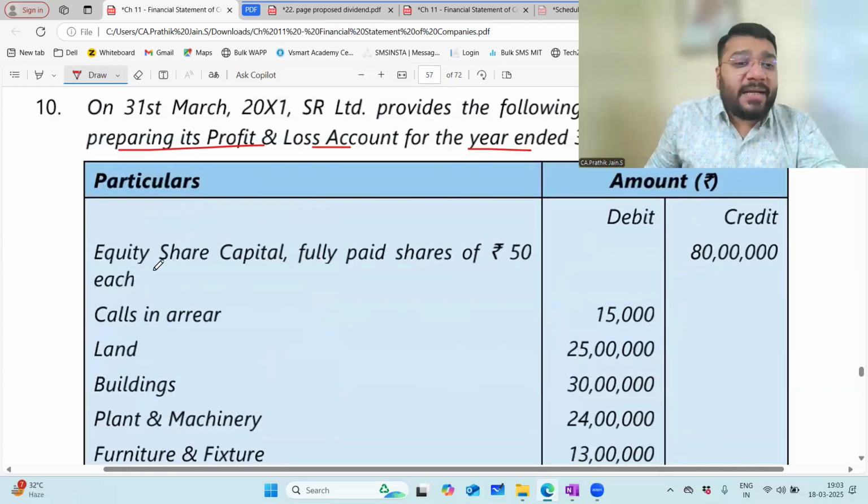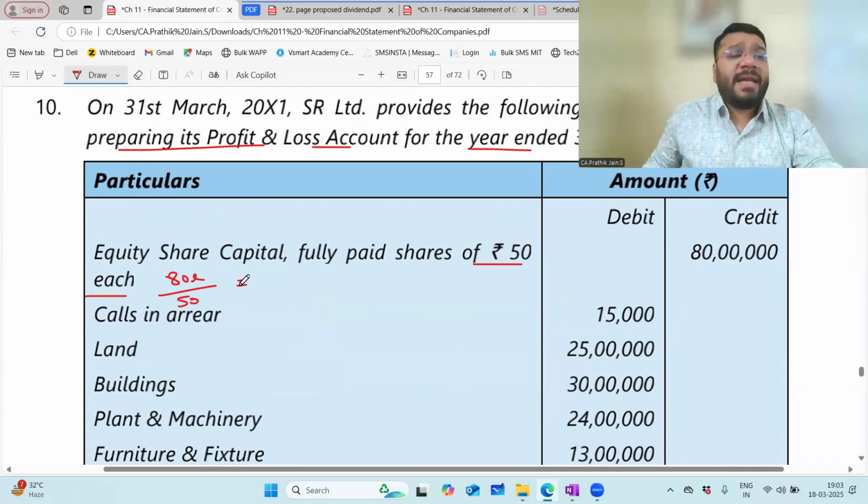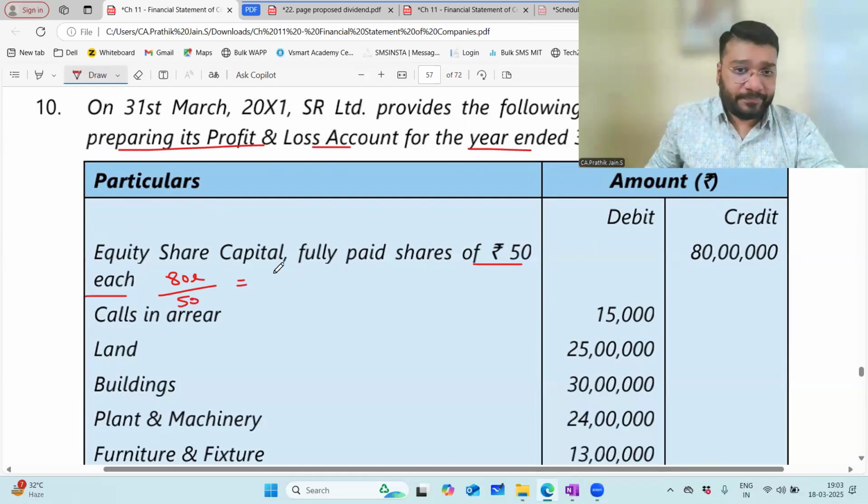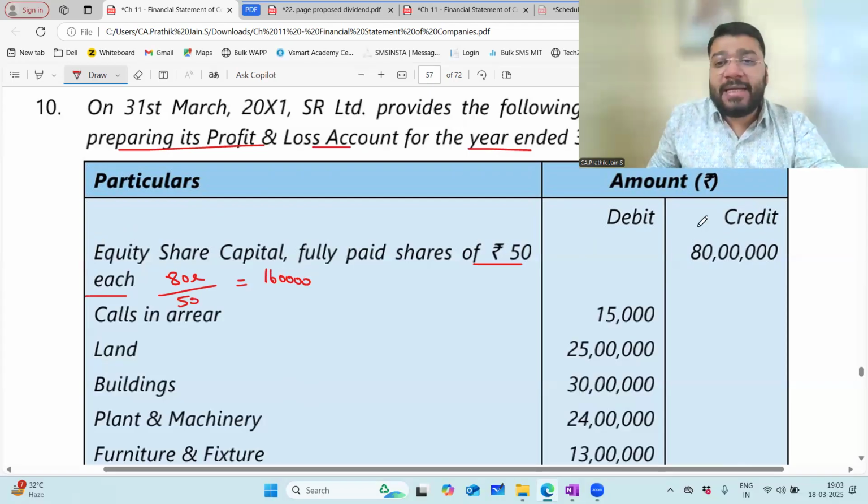The first line says that equity share capital, which is fully paid of rupees 50 each, is how much? 80 lakh rupees. So how many shares, people? 80 lakh divided by 50 rupees per share. How much? 1 lakh 60,000 shares of 50 each. 80 lakh. Where will this go to? Share capital.